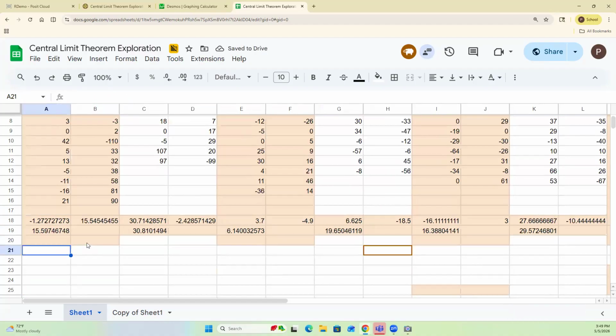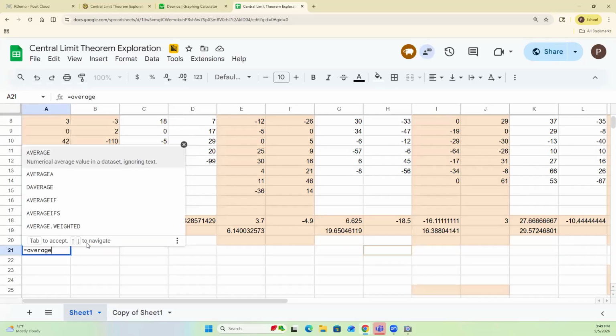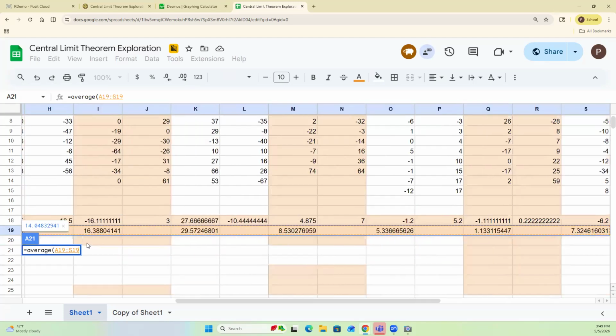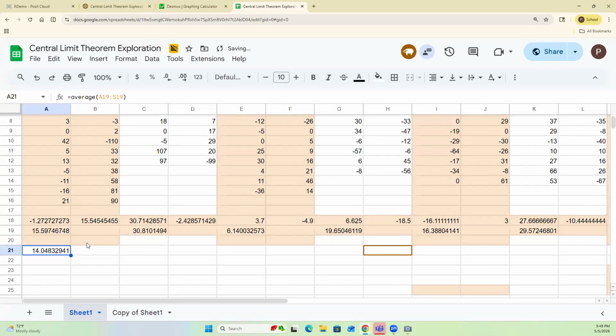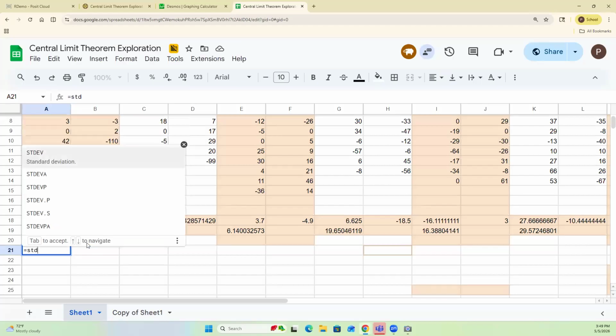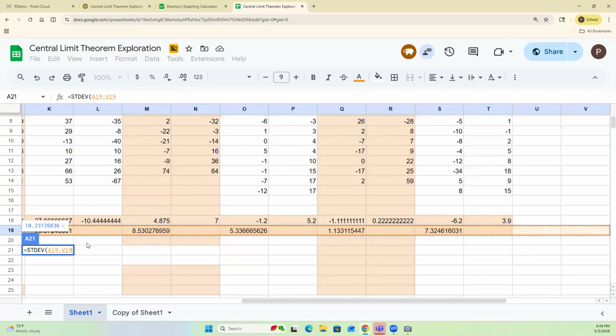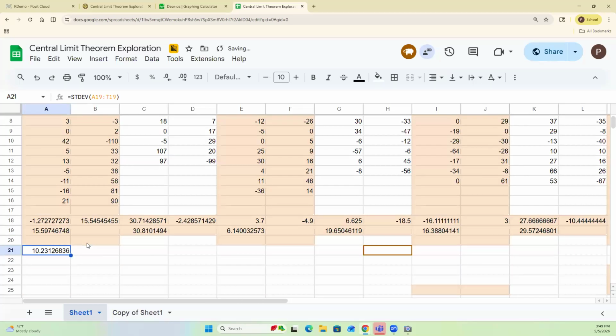And then I can average all of those. So the average distance of the averages was smaller, right? Because they were clustered more closely. But this isn't exactly what I want. I think just what I want is this. Standard deviation of the average distances is 10.23.